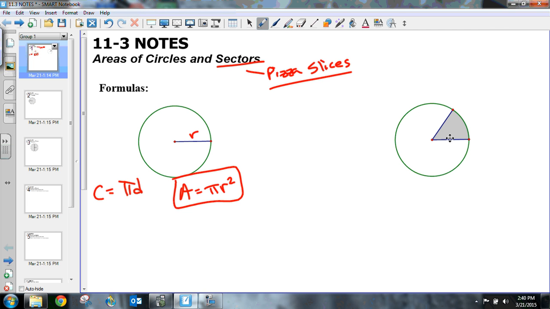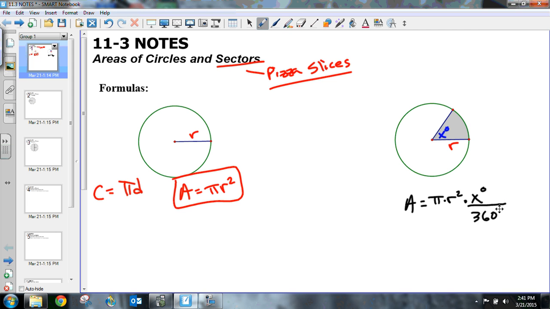Okay, now I'm going to call this radius r, and I'm going to call this angle x degrees. Now what I know is I can find the entire area of a circle using pi times the radius squared. Now, what I can do is multiply this by this angle measure, which is x degrees, and divide that by the entire degrees of a circle, which is 360.